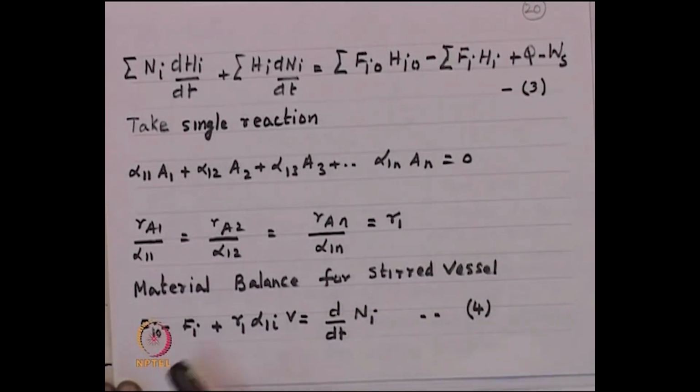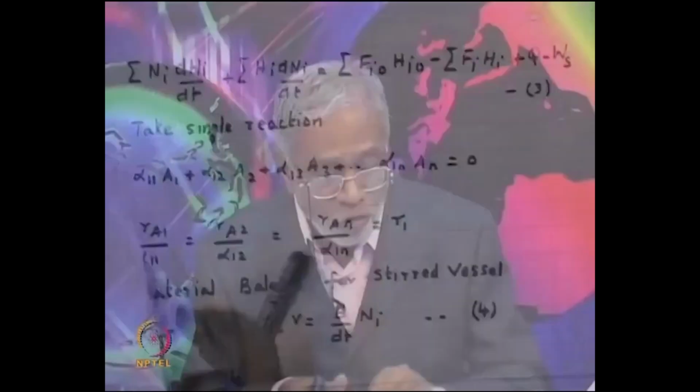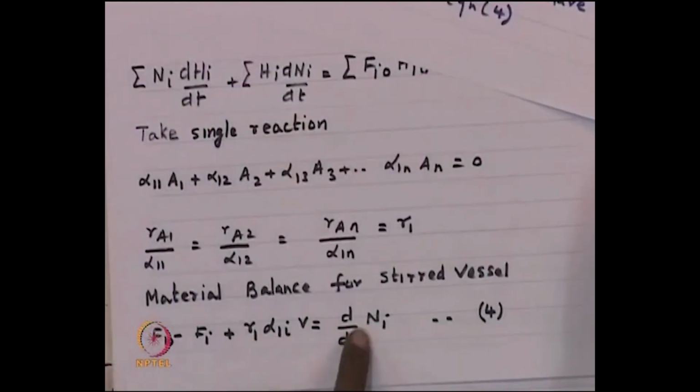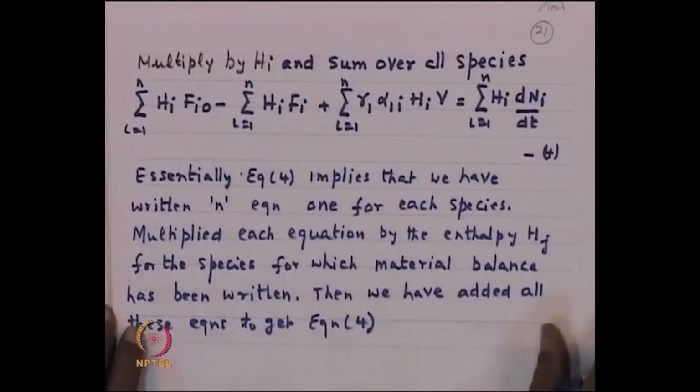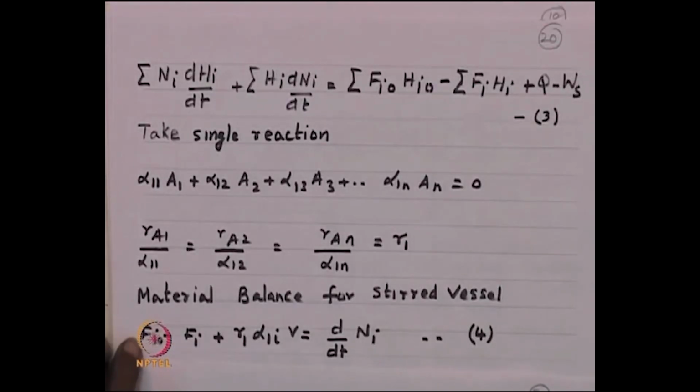So, each of those equations you multiply by the appropriate species enthalpy and sum over all species. So, when you multiply it throughout and sum over all species, what you find is this. Please note here, I am just multiplying by H I and summing over all species, correct.